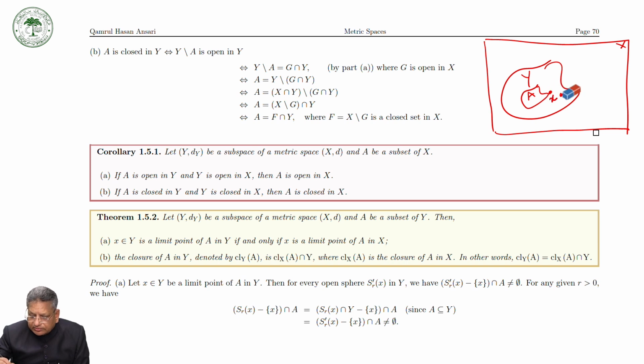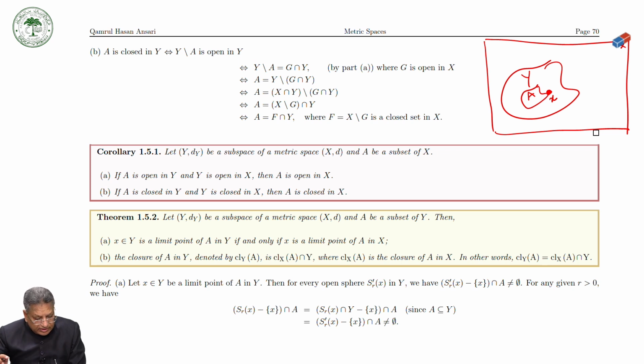So this point x is a limit point of A in Y if and only if it is a limit point of A in X. So there is nothing more to it.